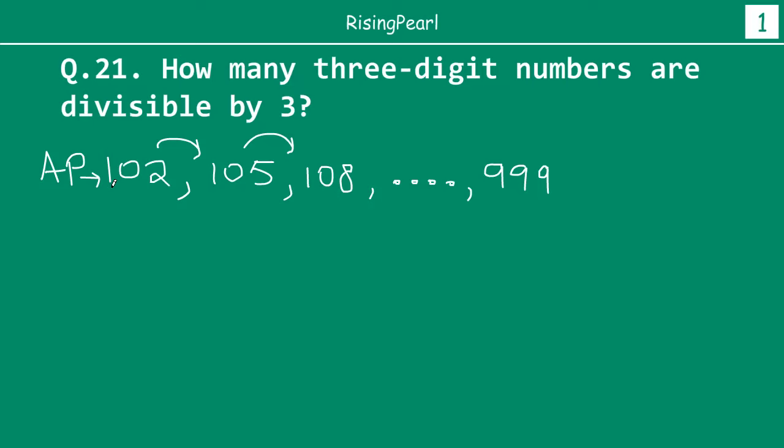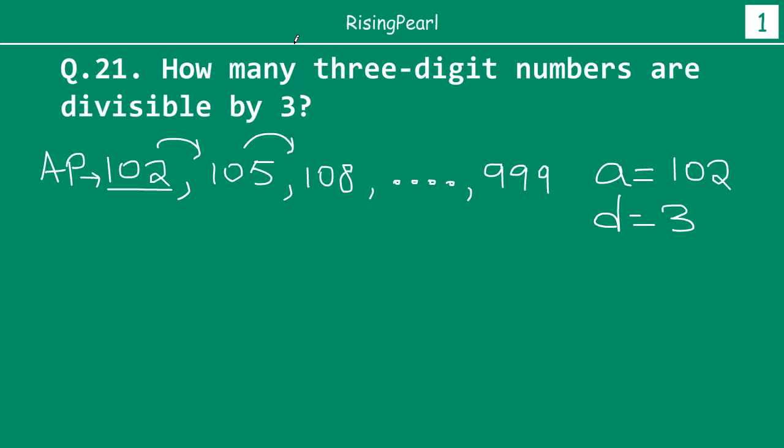We have a first term, and each subsequent term is obtained by adding 3 to the previous one: we add 3 to the first term to get the second term, then add 3 to the second term to get the third term. That means this is nothing but an arithmetic progression with first term 102 and common difference 3.